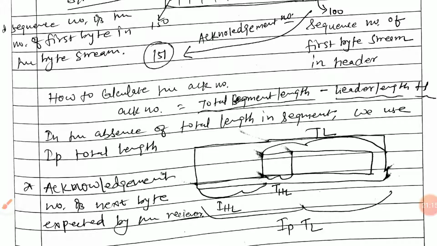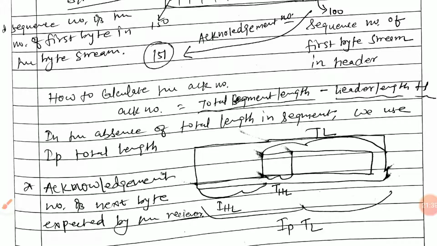In the header the sequence number is present, and the sequence number deals with the first byte of the data, but there is no information about the last byte of data. If we know the last byte of data, we can add one and we get the acknowledgement number. But here I don't have it.